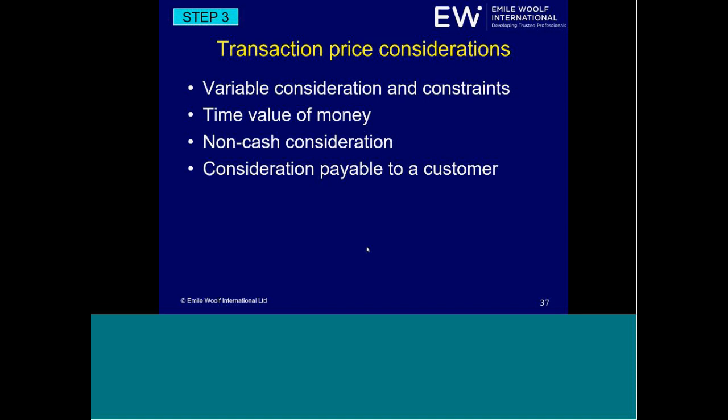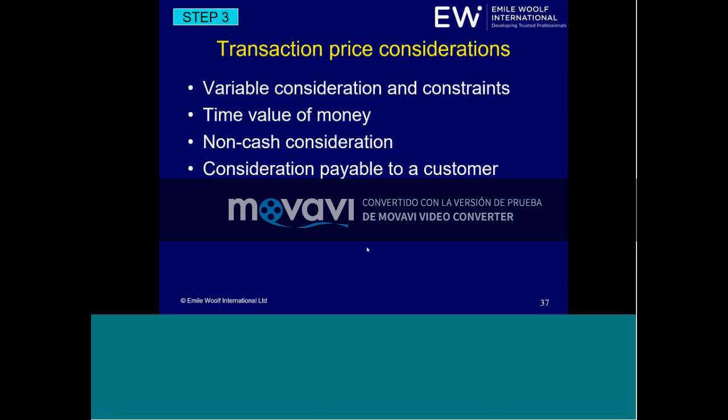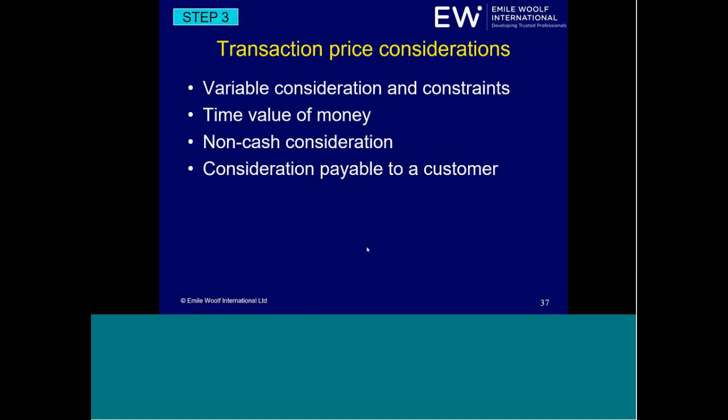So if you sell goods to a customer where the normal payment terms are 30 days and you give that customer 1 year, that is a significant financing element. But you know, that's what we always used to do under IAS 18. So there's nothing new there.